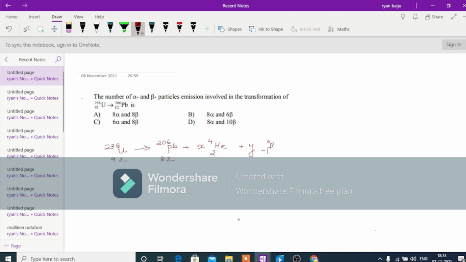First we have to balance the number of protons.